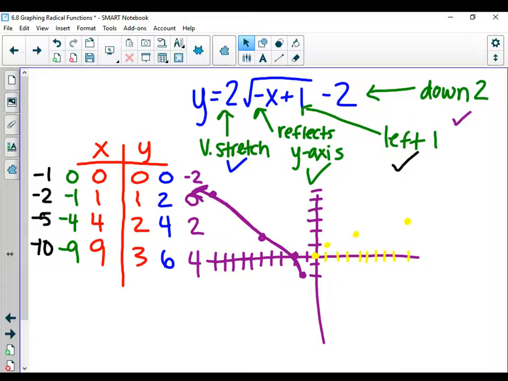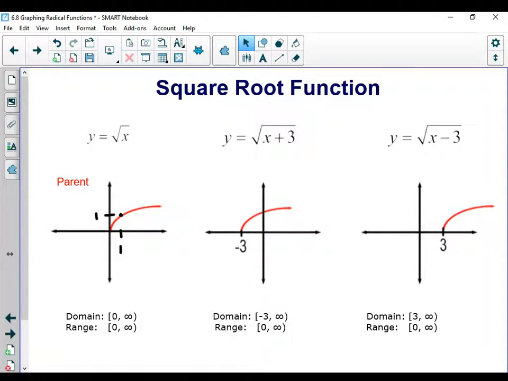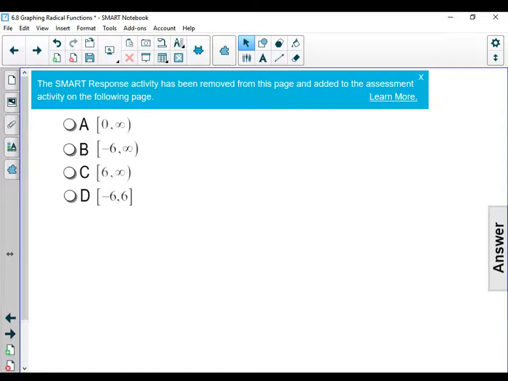Y'all, it's the same thing with cubed roots. You take those 3 dots in the middle and the 2 on the ends, and if you have to reflect them, you have to stretch them, if you have to do whatever, same transformations apply, okay? Let's see what else I got on here.